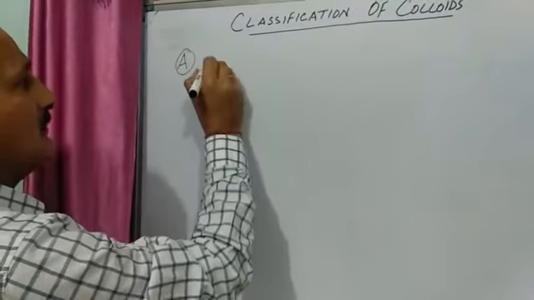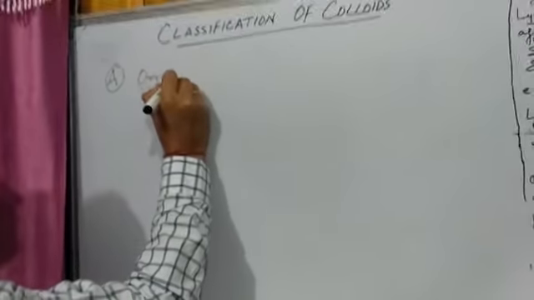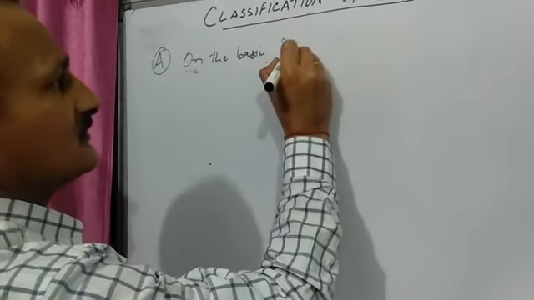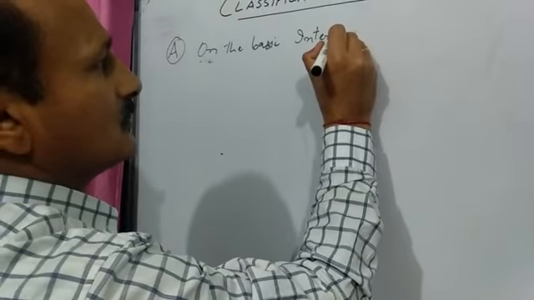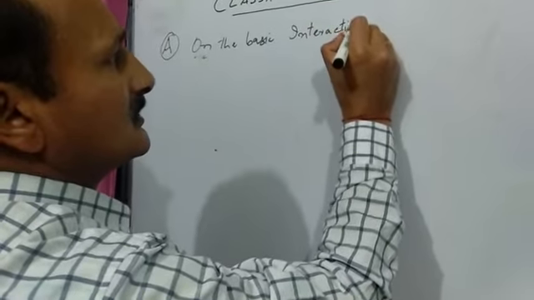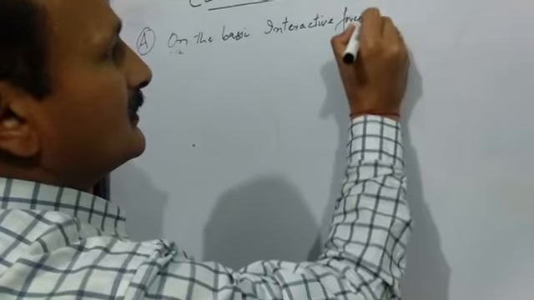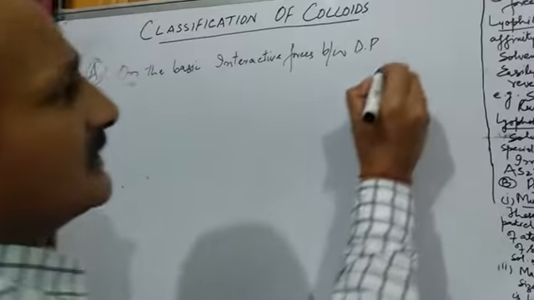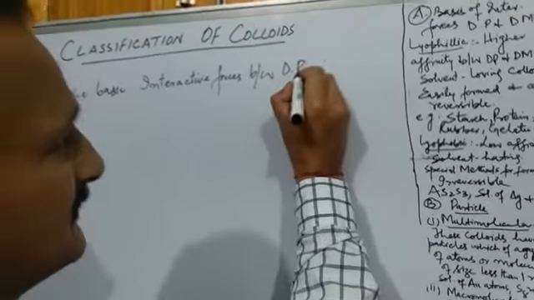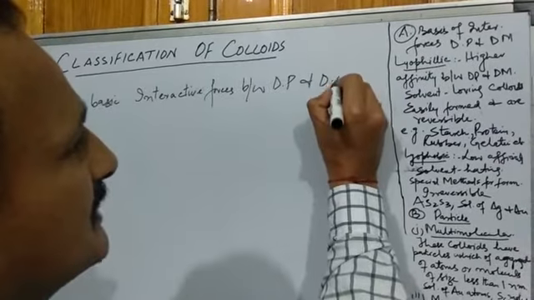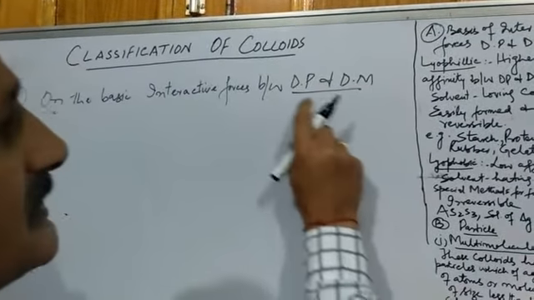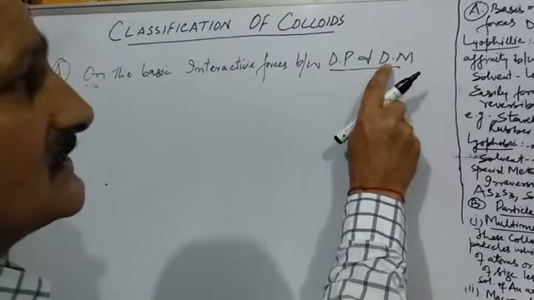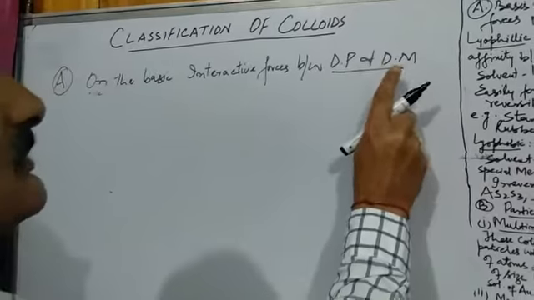Let us classify them on the basis of interactive forces between dP, that is dispersed phase, and dispersion medium, which I just discussed: dispersed phase is the smaller component of the colloidal solution, while dispersion medium is the larger component of the colloidal solution.